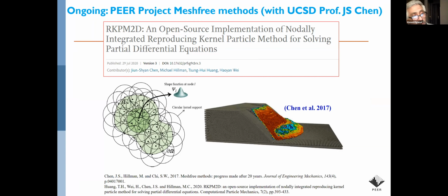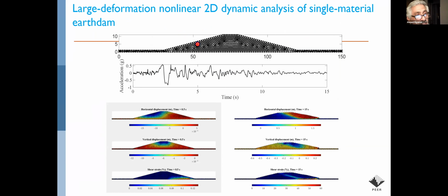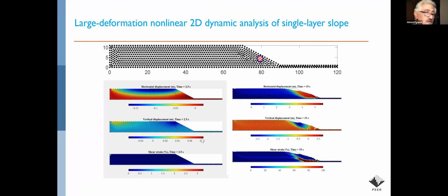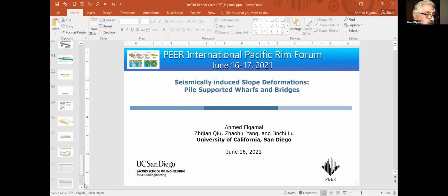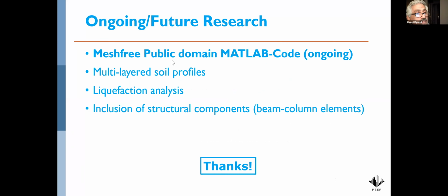And as you see here, working with him and working with softening models, which again many soils exhibit in the response, we started doing some work that will materialize soon into a mesh-free public domain MATLAB code. So that should be ready in a few months. It will be published by PEER. And then this is additional ongoing work in the mesh-free method.